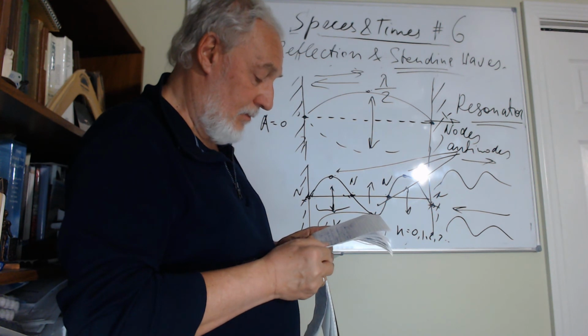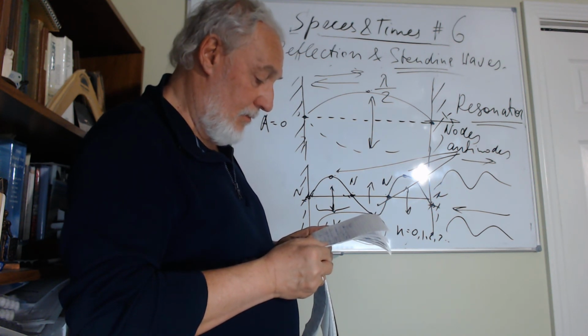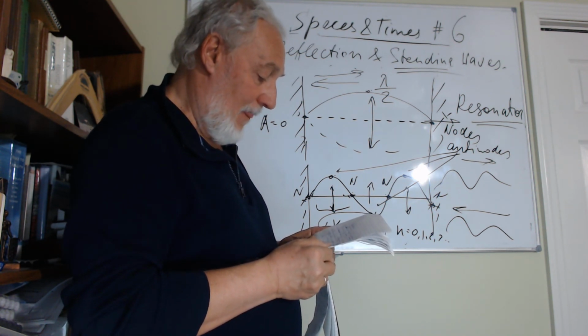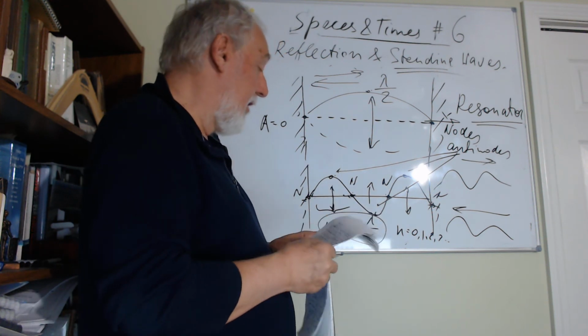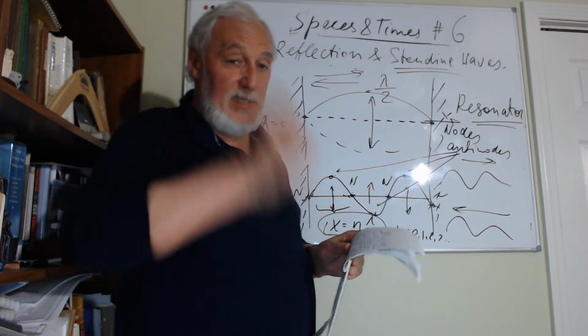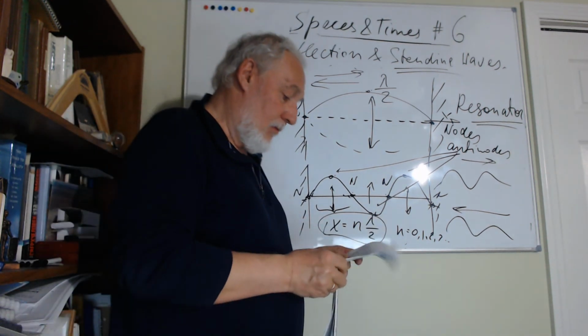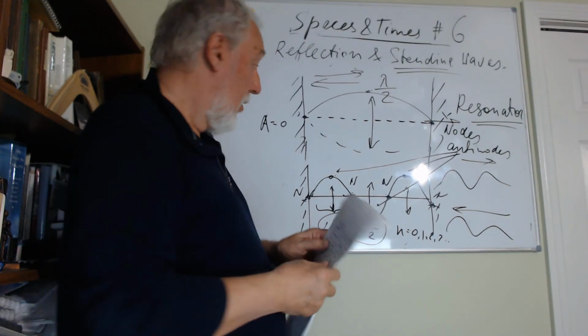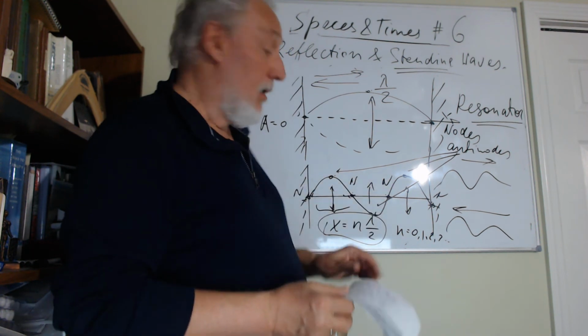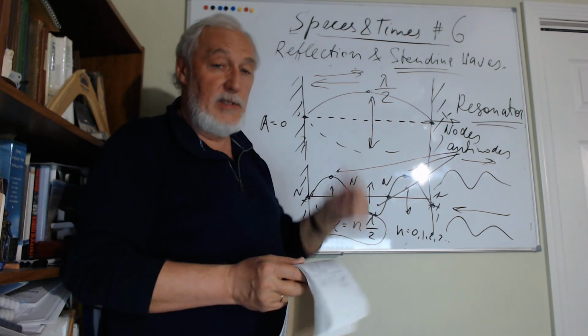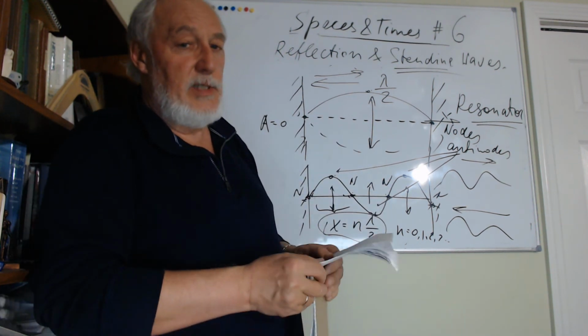And antinodes are the moving ones, right? Yes, maximum vibration there. Many points are moving, but some of them are moving with the greatest amplitude. So these are antinodes.